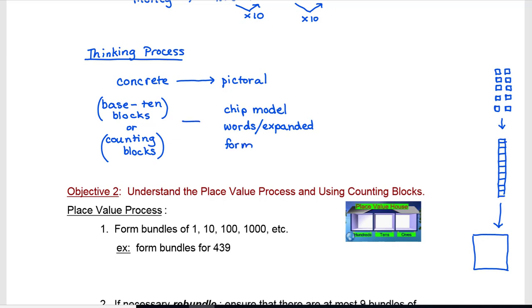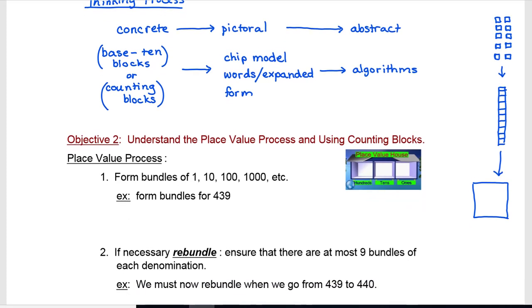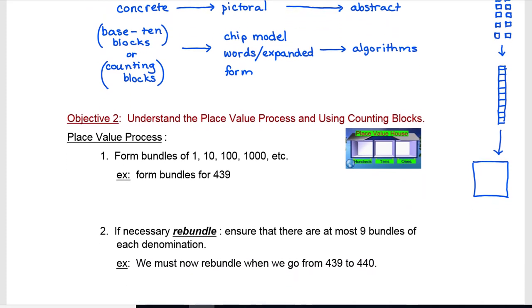Once we get past the pictorial, then we're going to get to the abstract thought. This is where we're going to start dealing with our algorithms. When we add, subtract, multiply, or divide, we go through our rules, we go through an algorithm that always works, we carry, we borrow, things like that.